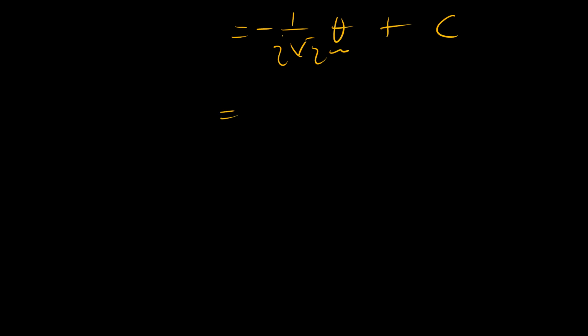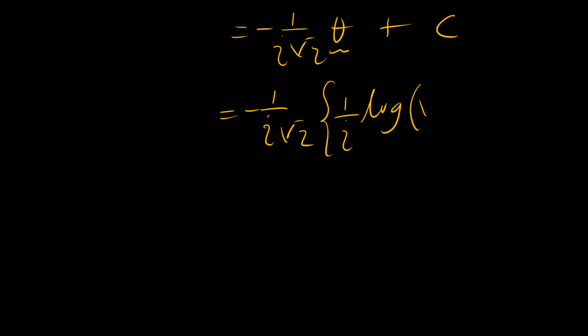So we substitute in place of theta, we have 1 over i natural logarithm of root 2 x plus minus the square root of 2x squared minus 1 plus c.